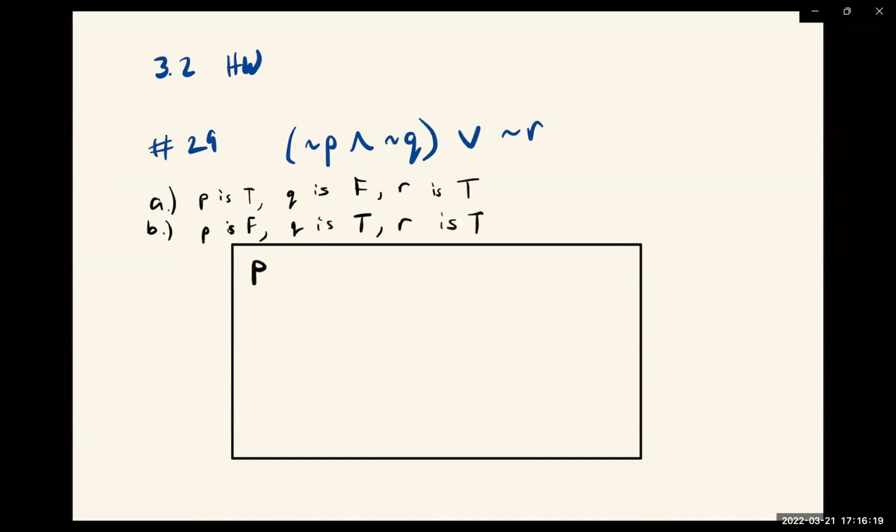So we got P, Q. Let's do the not P and not Q part.